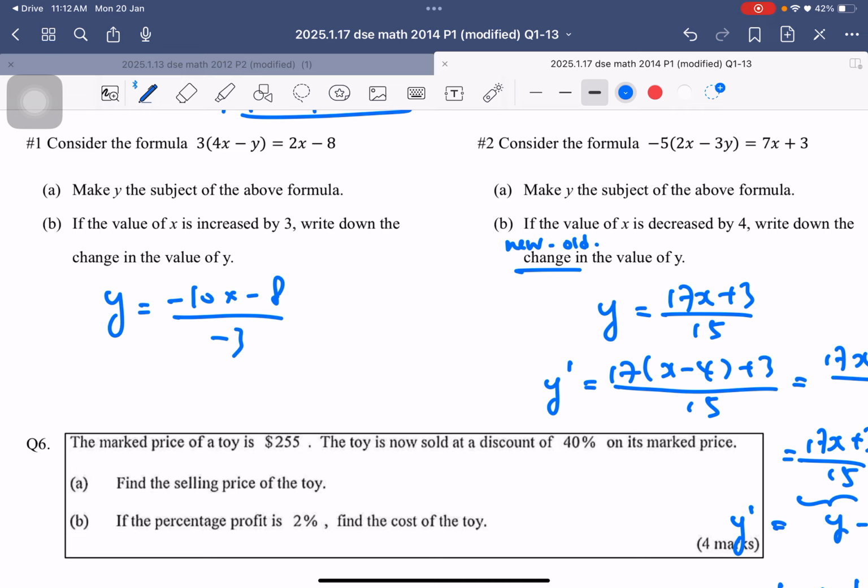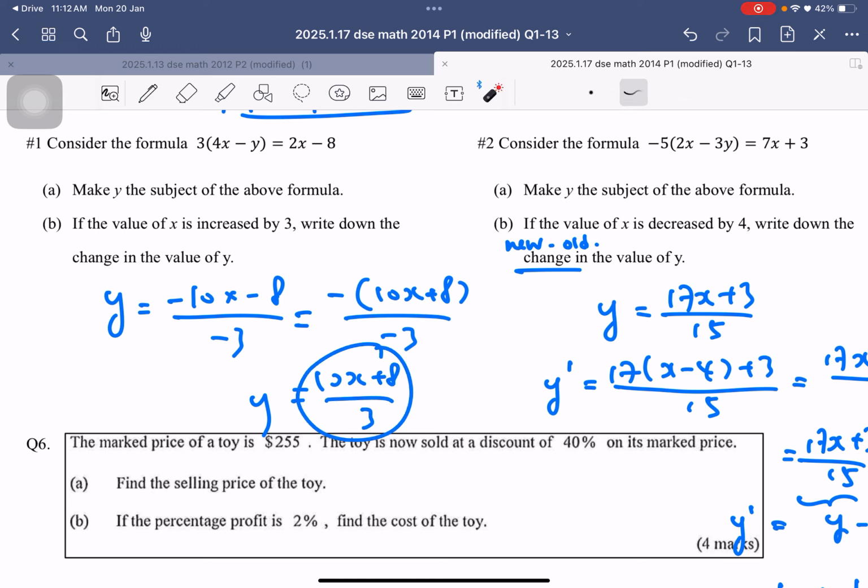You can take out the negative and simplify it, so it becomes negative 10x plus 8 divided by negative 3. Both the denominator and the numerator get the negative, so you can cancel it out. So it's equal to 10x plus 8 divided by 3. If you keep this negative, it's hard for yourself. If in the question we have so many negatives, just take it out.